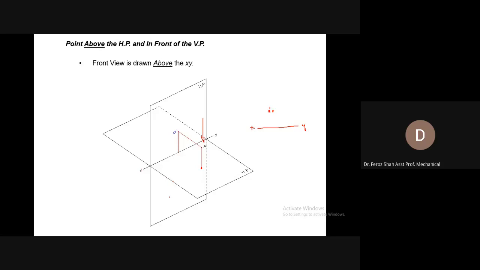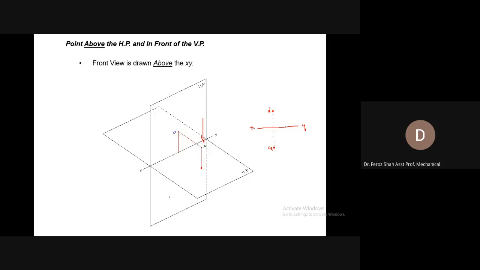In actual drawing you will be drawing these dotted lines or projectors, and you can see that the top view would be drawn in exact alignment with the front view below the XY reference line. So this is called the first angle projection.